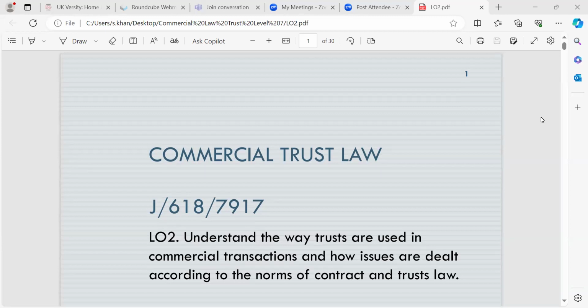We're now going to look at learning outcome 2, which is to understand the ways trusts are used in commercial transactions, and how issues are dealt with according to the norms of contract and trust law.